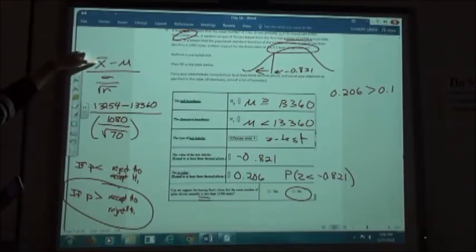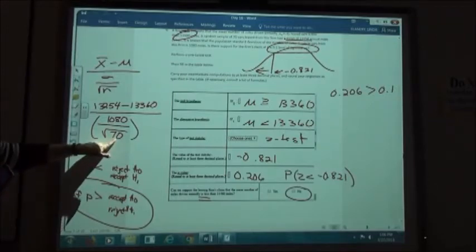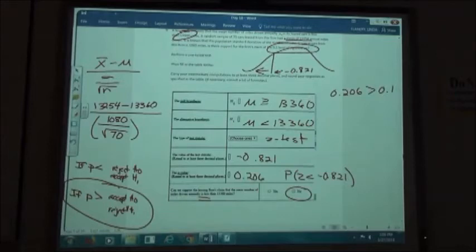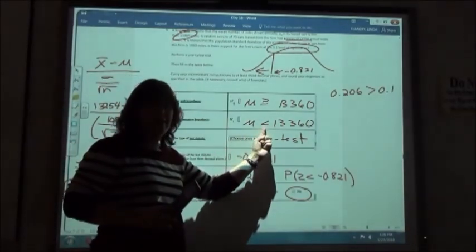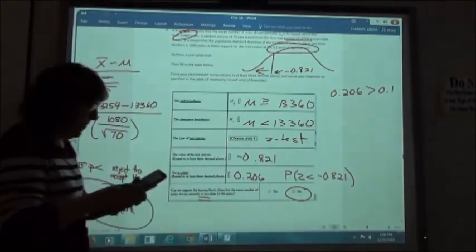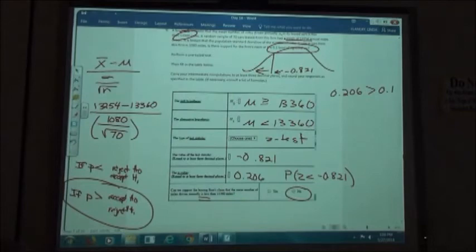Our X bar number is the 13,254. And our N is the 70. You don't do the square root, you just put the 70. That's how many things we tested. On this one, when we're doing our test, we're doing the less than, right? So we highlight the less than, then we're going to cursor down to where it says draw, and we're going to draw.